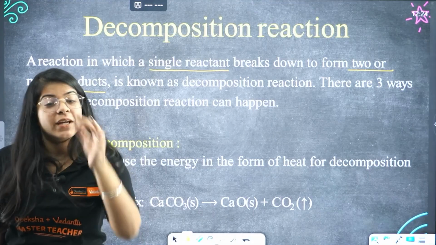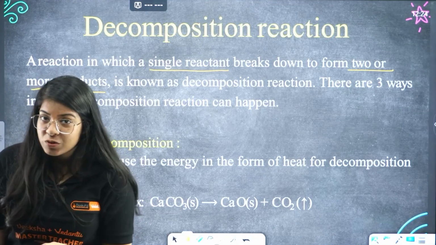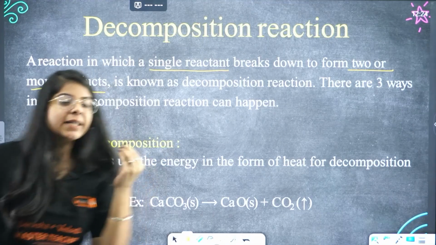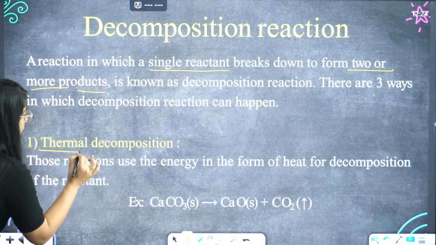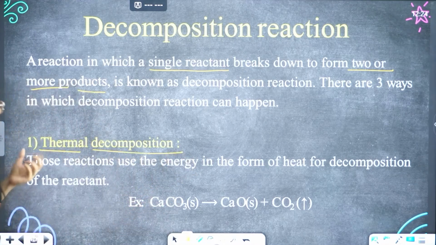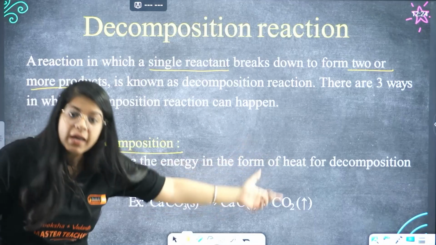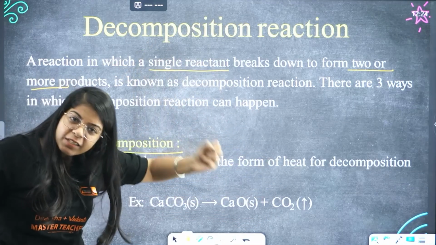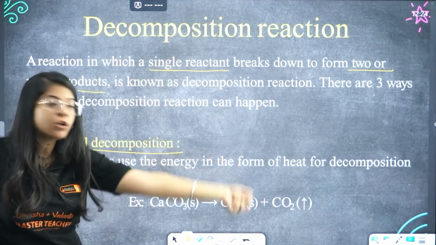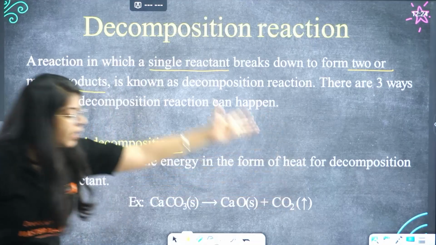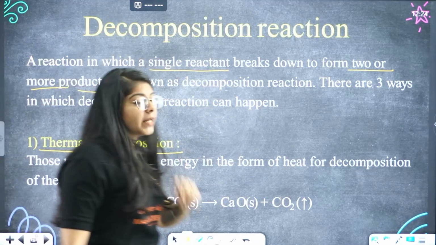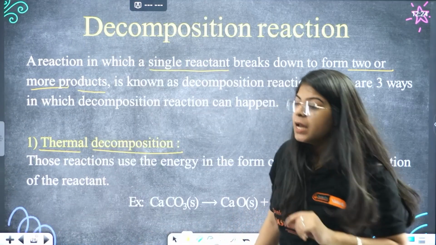Now when you heat something and it decomposes, it's called thermal decomposition. Those reactions which use energy in the form of heat. When you provide heat to the reactants and they break down into different products, it is called thermal decomposition reaction. Now that is what?